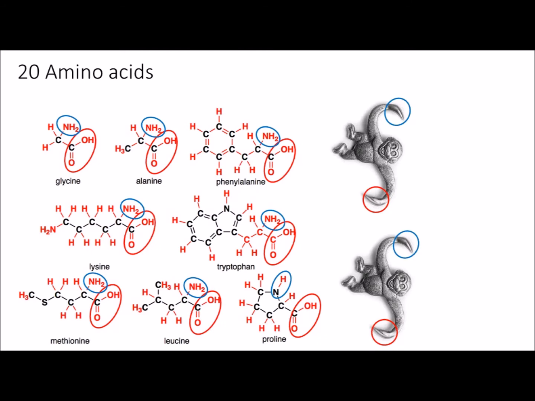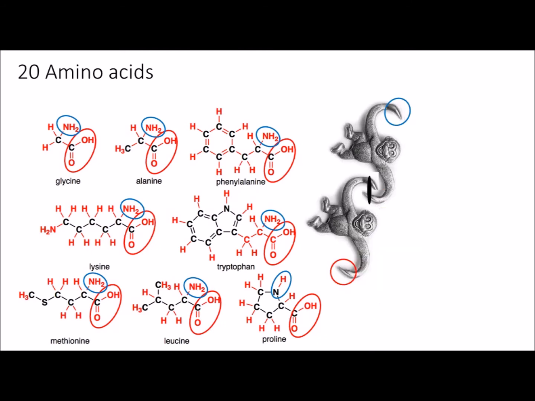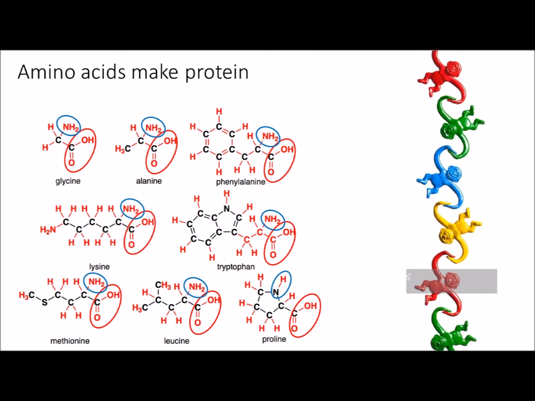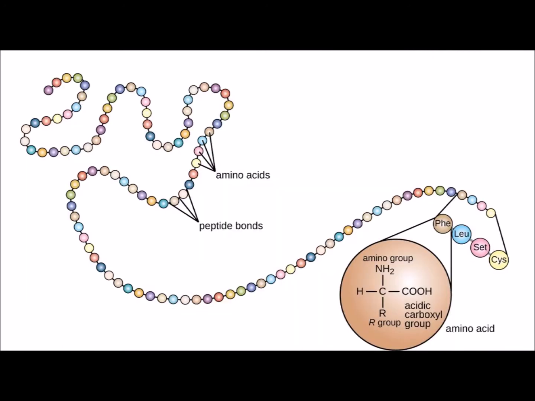If you've ever played the game called Barrel of Monkeys, you'll know that you get little sets of monkeys and you can hang them and link them together. So we can imagine a protein as a series of these monkeys linked with their arms, where the blue arm links to the red arm. And you can end up with a long chain, perhaps even 1,000 amino acids linked to make a protein.